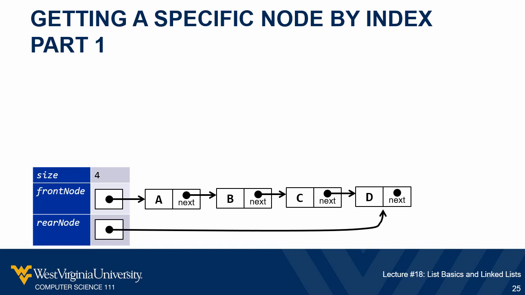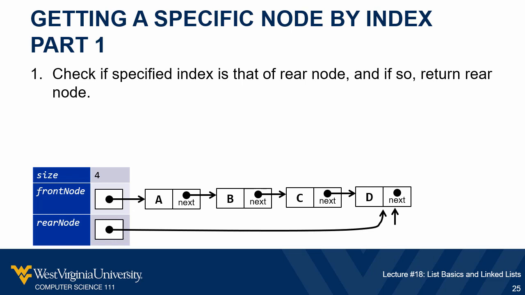For our method, what we're going to have to do is take the index that is provided, and we first of all want to see if that happens to be the rear node that we're looking at. This is going to help us take advantage of that rear node field that we created.